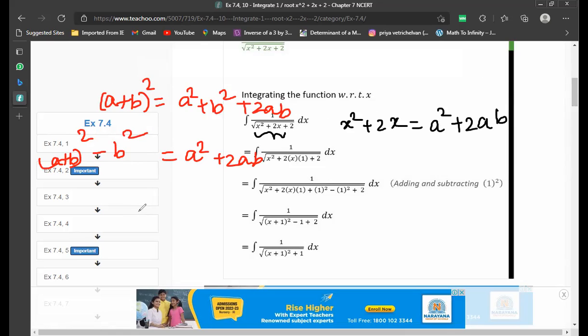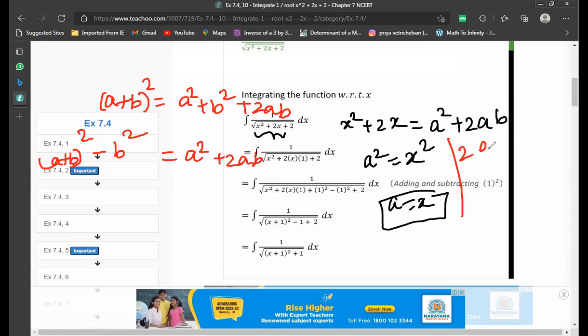Yes, ma'am. So let's assume a square is x square and a is x. And 2ab is 2x, so 2 and 2 can get cancelled. And we know a is x, and from this we can say the value of b is 1.